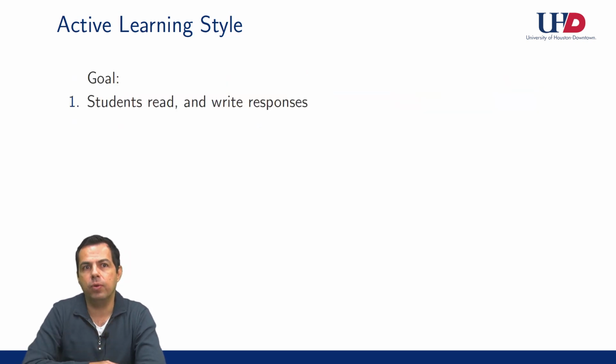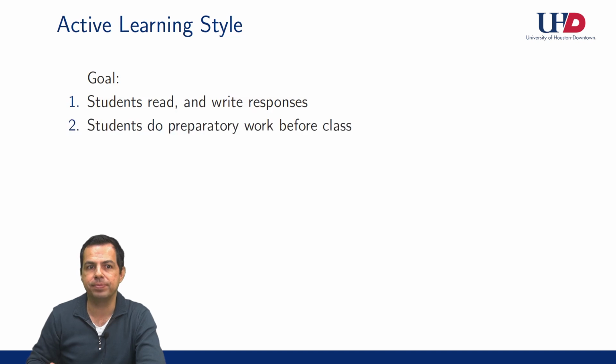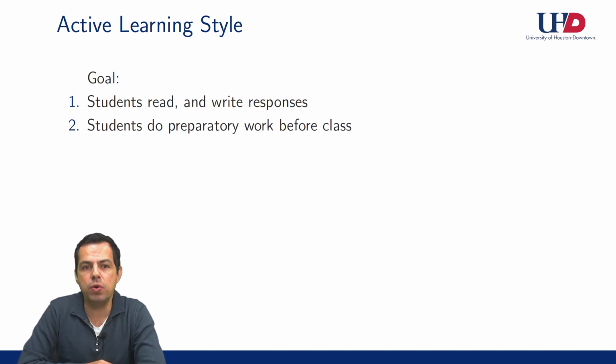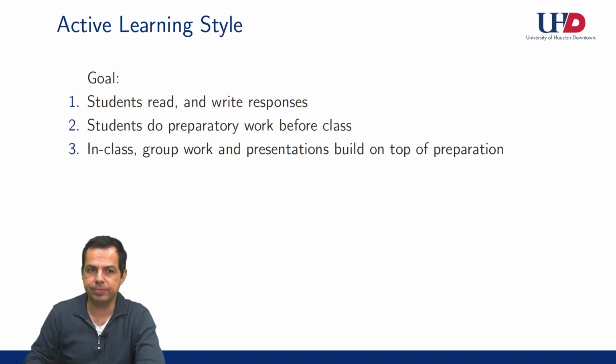So the goal with active learning is I want my students to read ahead of the class, and they should also think about what they read. So they should write some responses to the material they read. Students must do preparatory work before class. In the classroom, students work in groups or individually.